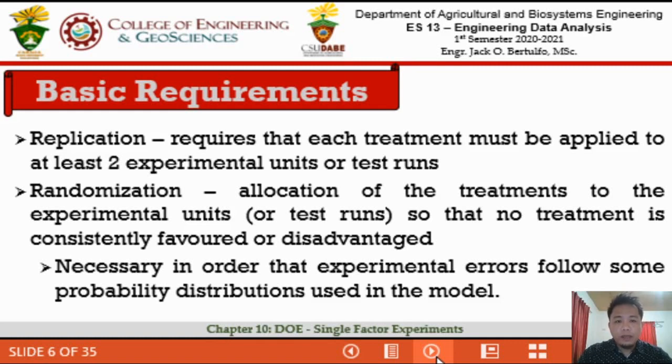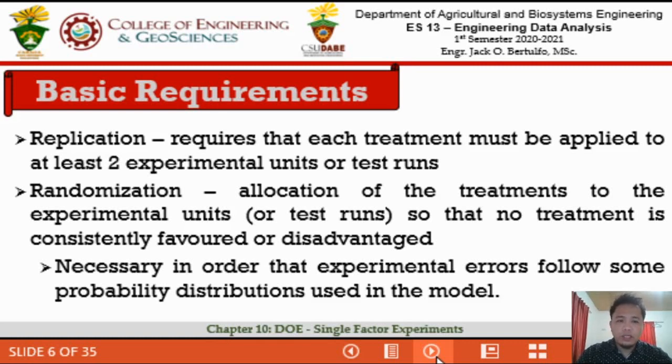Then the next one is the randomization. It is the allocation of the treatments to the experimental units so that no treatment is consistently favored or disadvantaged. To eliminate bias during experimentation, we conduct this randomization. Randomization is important, especially if you're doing a field study, or even if you're doing research on processes.